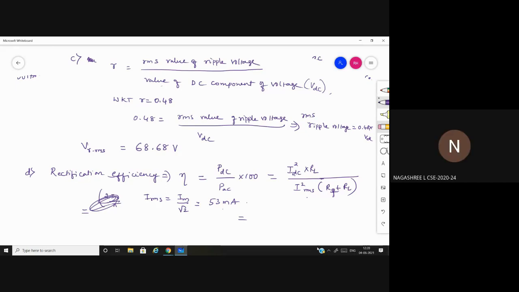So 0.80, okay, 0.80 into 100. So that is 80% we are getting.